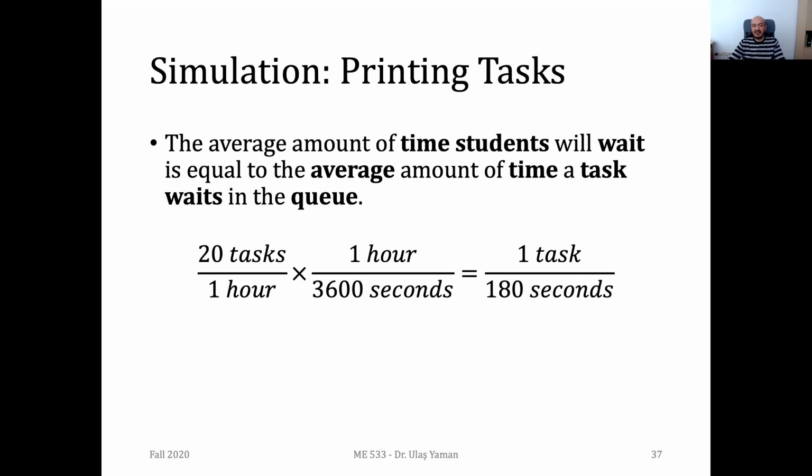So 10 times 2, there are 20 tasks in an hour, and obviously in an hour we have 3600 seconds. If you do the multiplication, you will see the time a task waits in the queue.